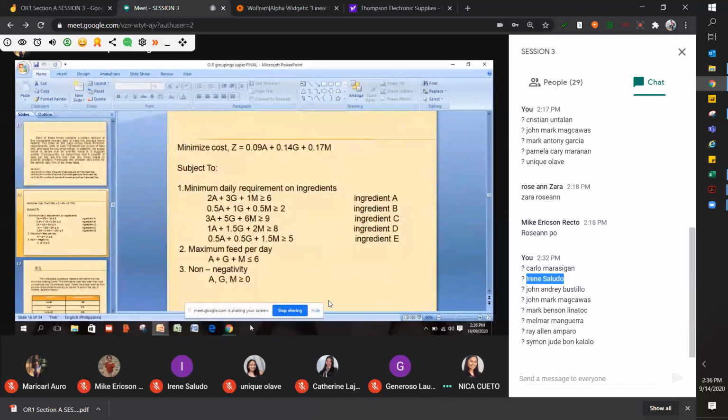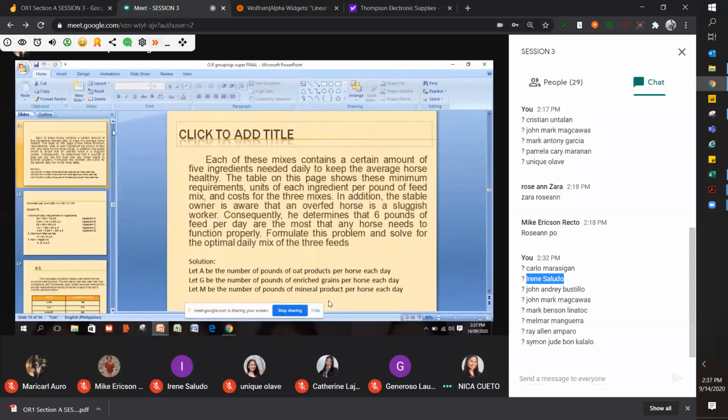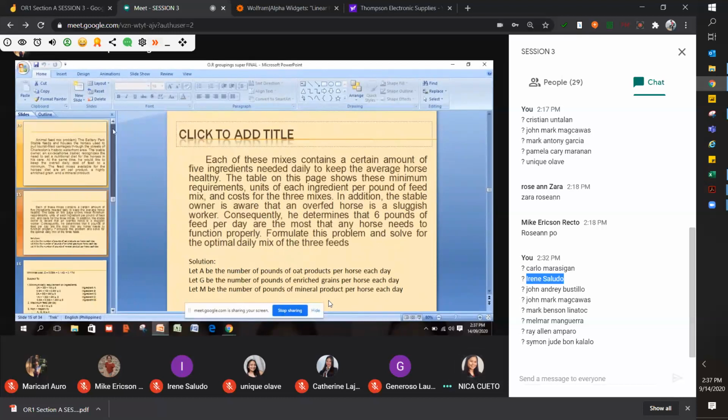So definitely, magkaiba na yung dalawang answers na yun. So kaya, I want as much as possible to have a clarity dun sa decision variables. Kasi kung hindi yan clear, mahirap na magpatuloy.